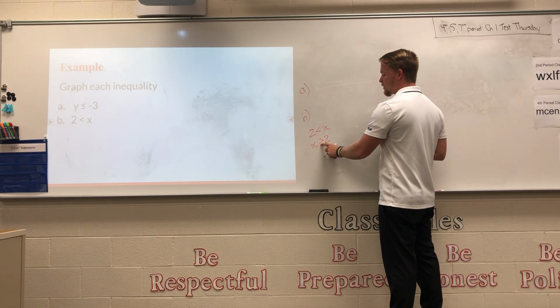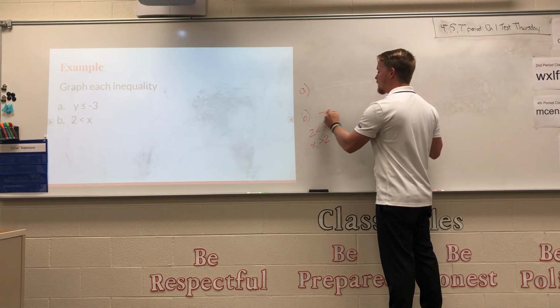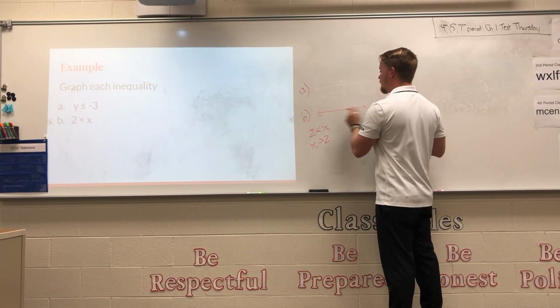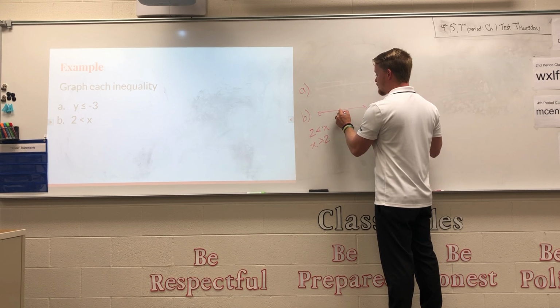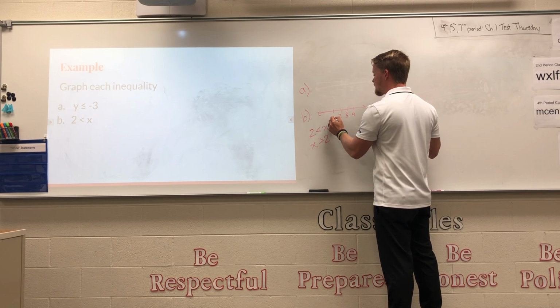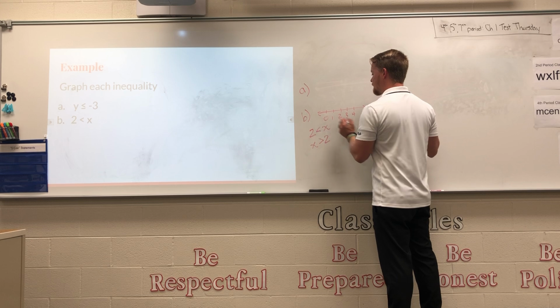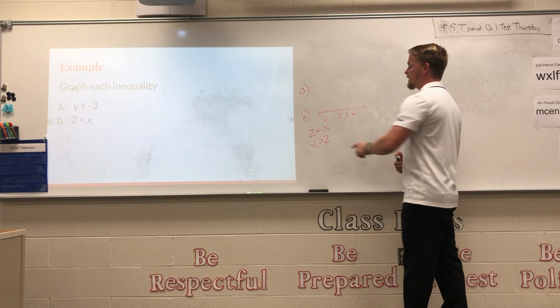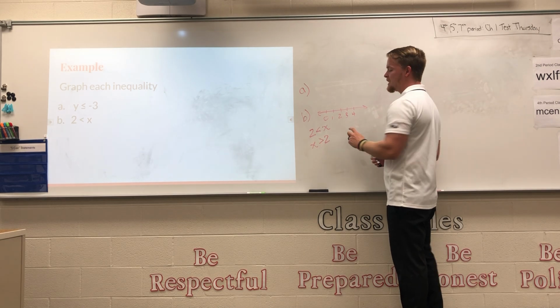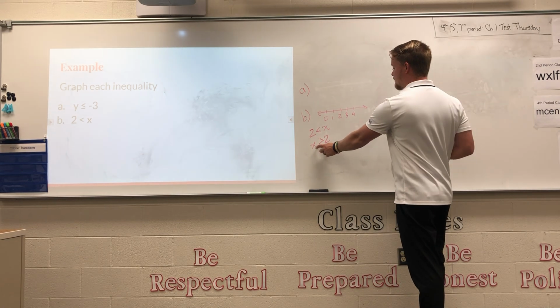So if we have x is greater than 2, I'll make my number line. I have to make sure 2 is on there, so I'll put 2 in the middle, and then numbers to each side: 3 and 4 to the right, 1 and 0 to the left. Again, with x greater than 2, I need all the numbers that I can plug in to make this true.